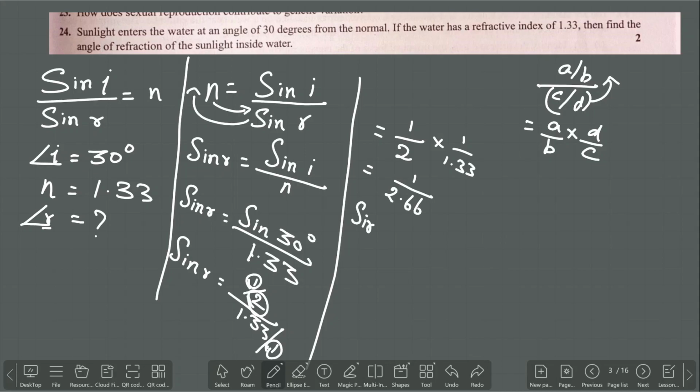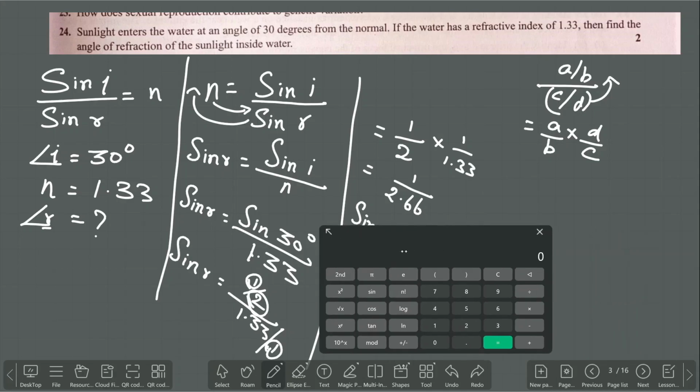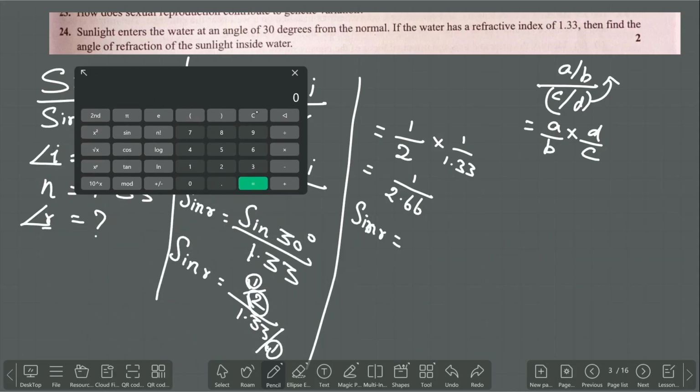So sin r is equal to 1 divided by 2.66. What is the answer? 0.375. So you can just write it as sin r is equal to 0.38, because 7 is there, while rounding off it will become 8.